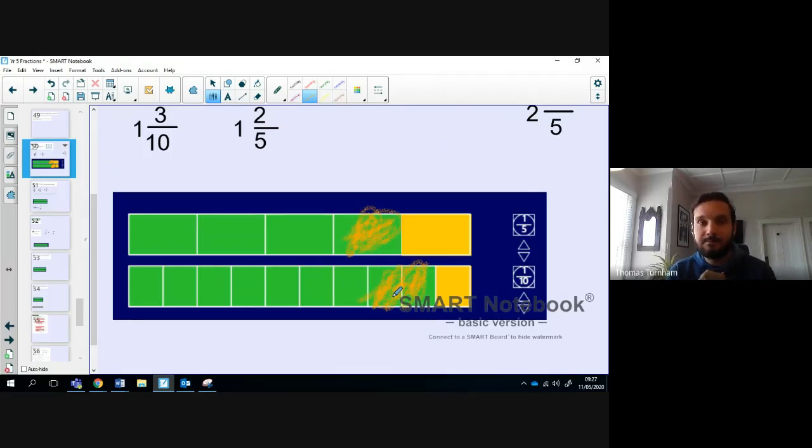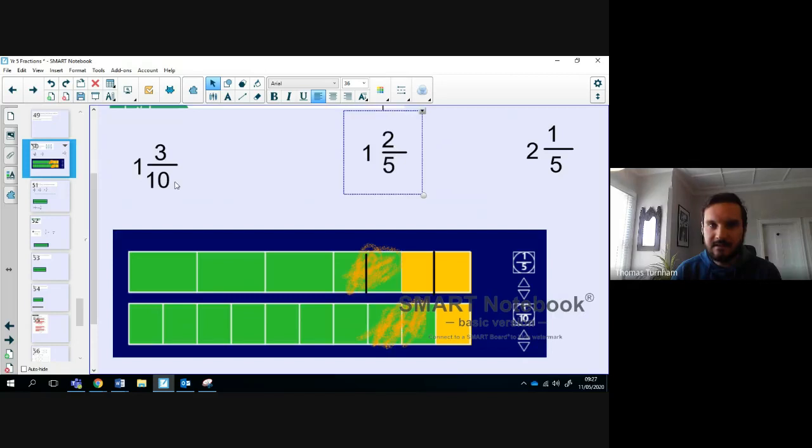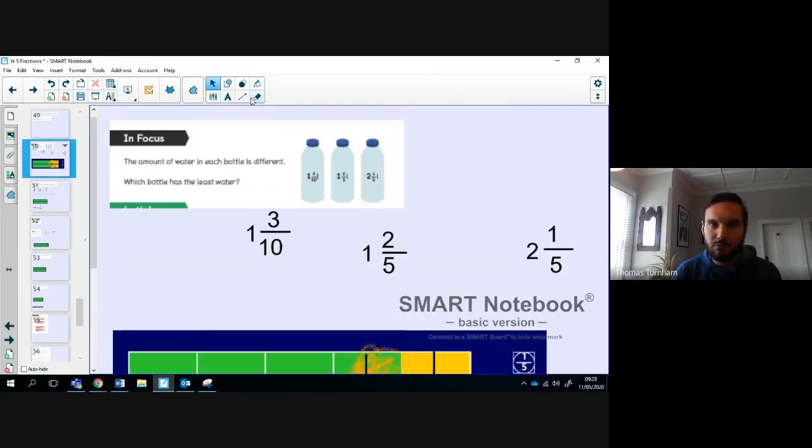We know that 2/5 is the same as 4/10, because if I were to cut my fifths into tenths, there would be 4, and here are 3. So 2/5 is the next biggest, and 1 3/10 is by far the smallest.